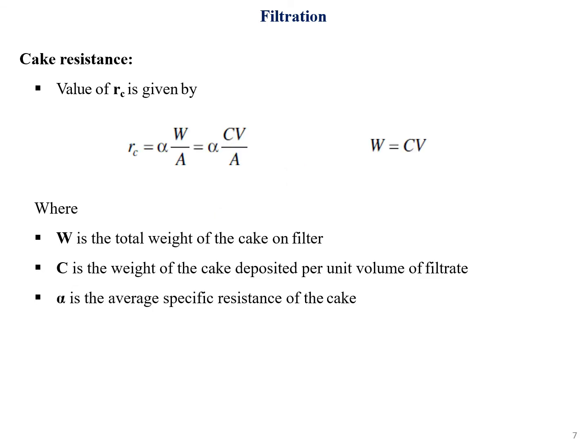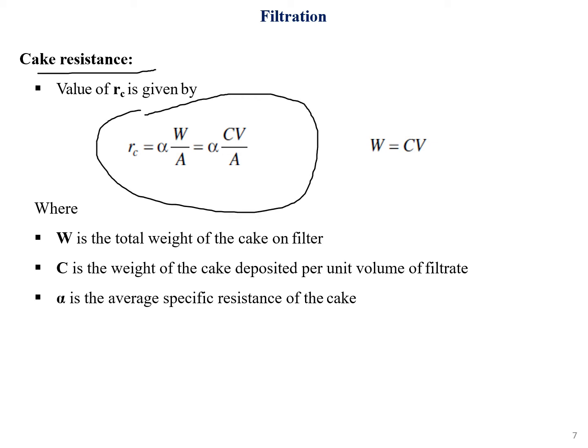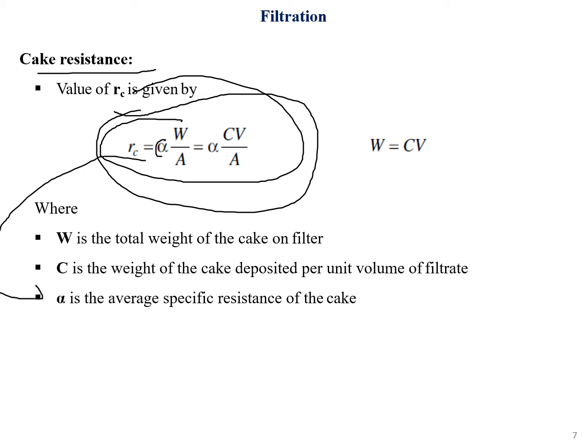Moving on, let's talk about the cake resistance. Rc, we have another derivation here. We previously talked about Rm plus Rc. Rc can be written as the average specific resistance of the cake, alpha, times W by A, where W is the total weight of the cake on the filter, and A is the area.